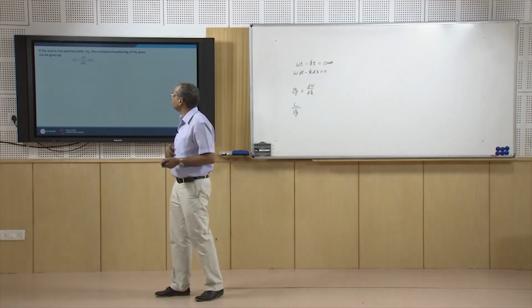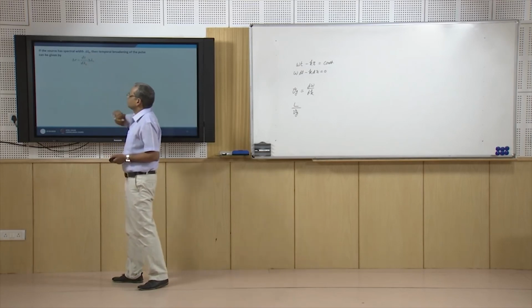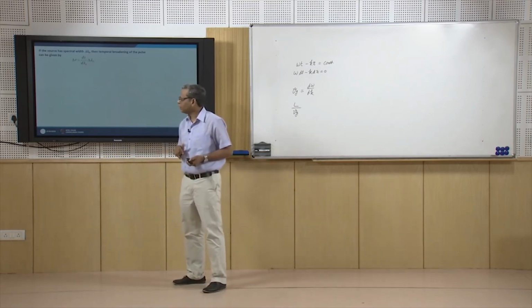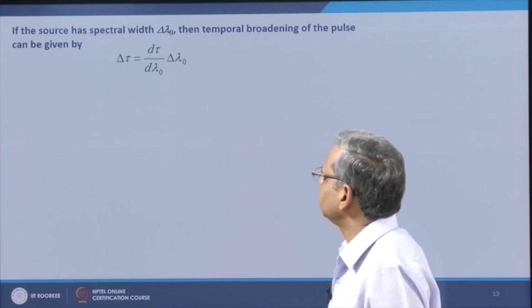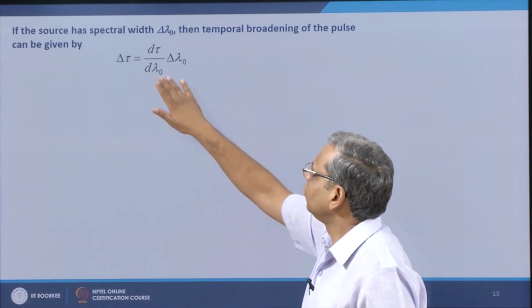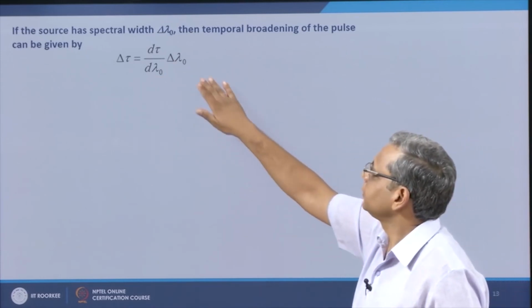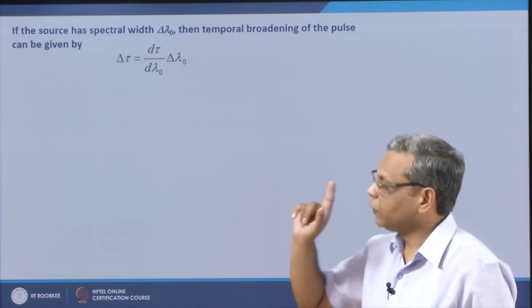How much would be the broadening? It is very simple: if the source has a spectral width delta lambda naught, then the temporal broadening of the pulse would be simply given by delta tau is equal to d tau over d lambda naught times delta lambda naught, while considering only the first order term.